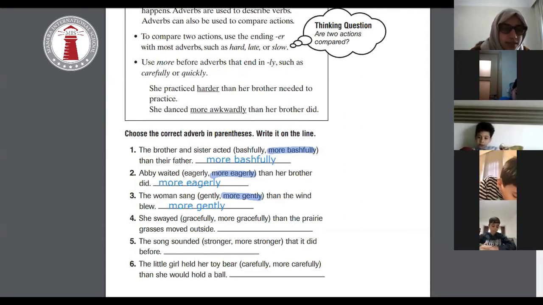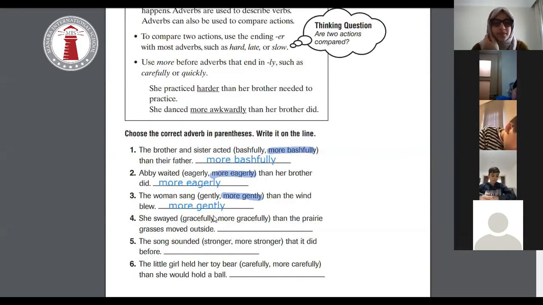Zaina, can you read number 4, please? He swayed more gracefully than the prairie grasses outside.